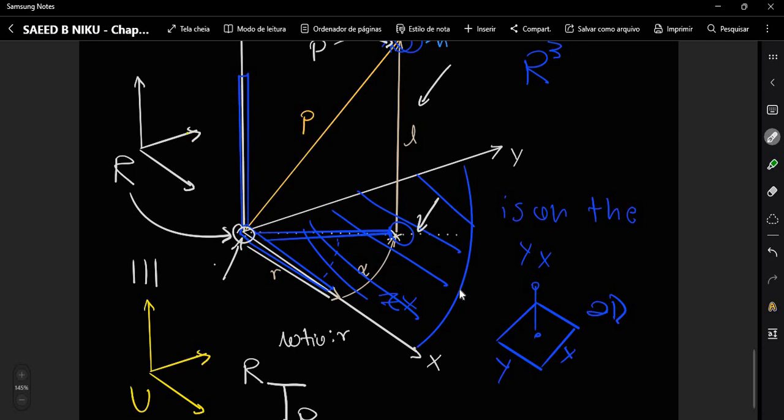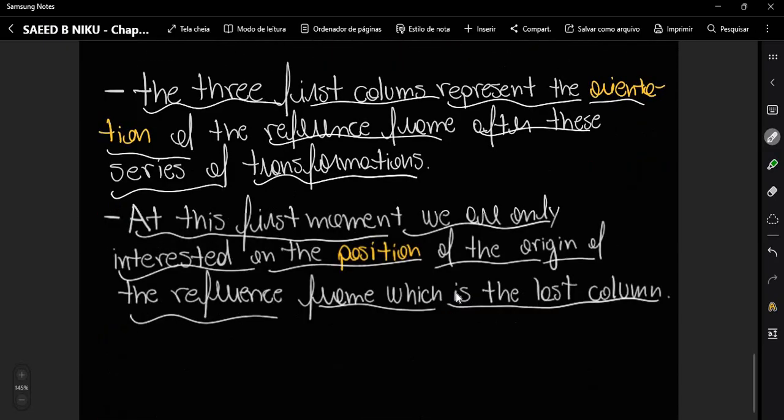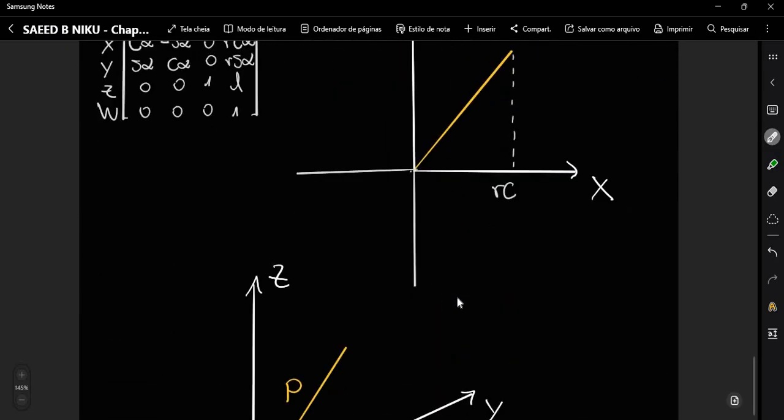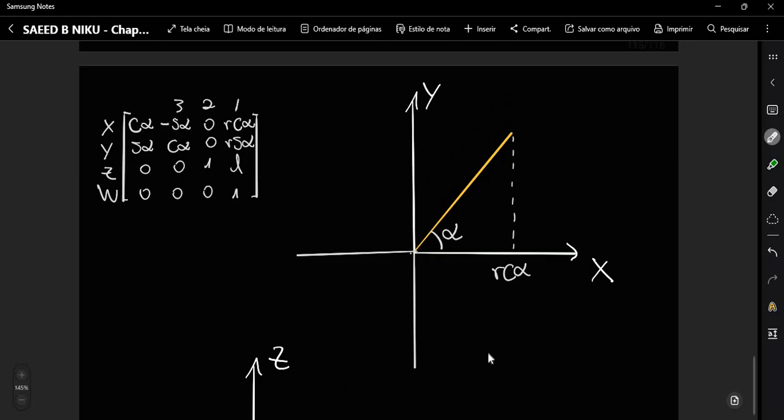Maybe we can place alpha, but how can we get a sense of angle right here this way? Probably. So this angle is alpha. So let's write R times cosine of alpha. So we got this first component.